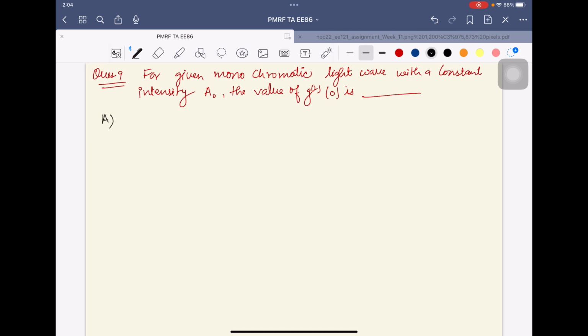Options are A, A0 by 2; B, A0 squared; C is 1; D is 2A0; and E is 0.